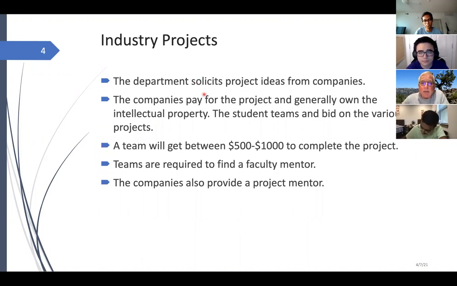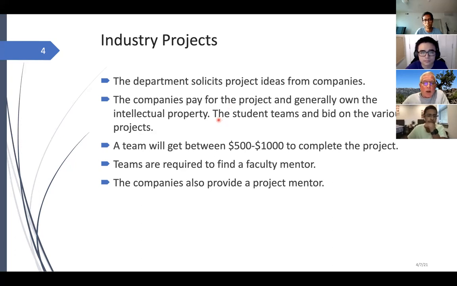And the interesting thing about this is that the projects are relatively current. You're working with a company that has some kind of thing they want to get done, and they come to us and say, can you put a team on it?